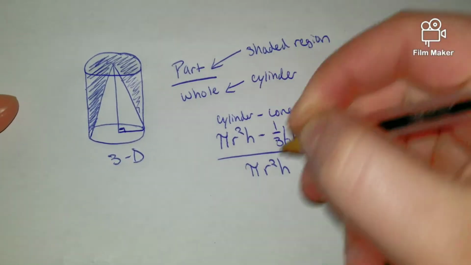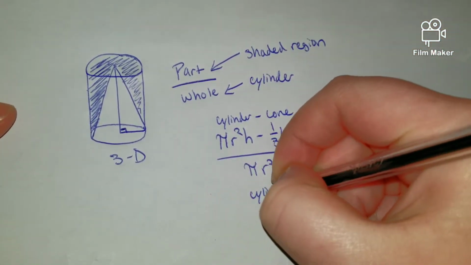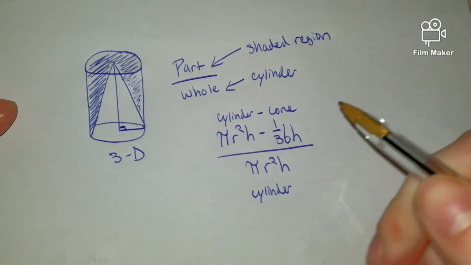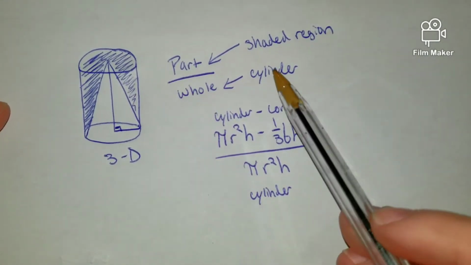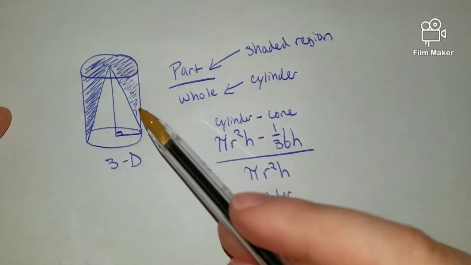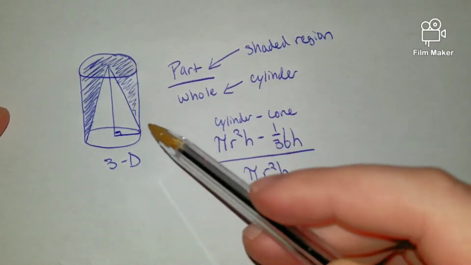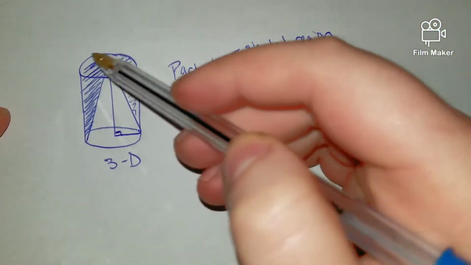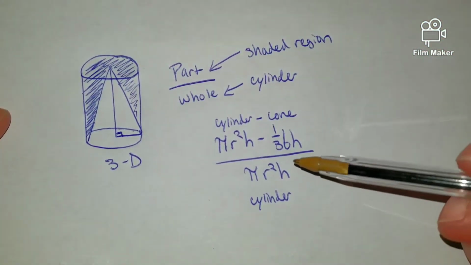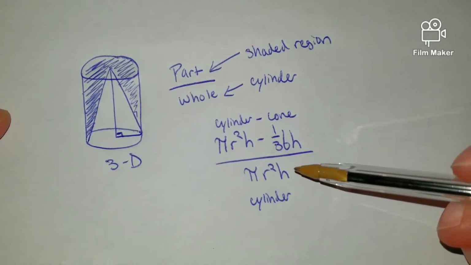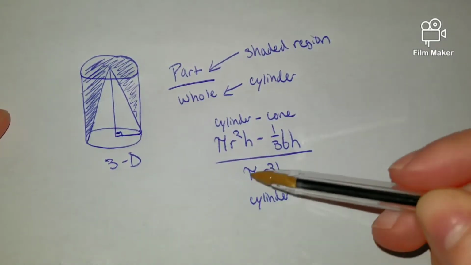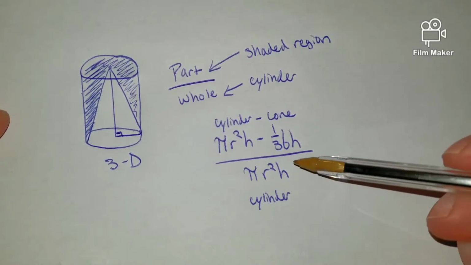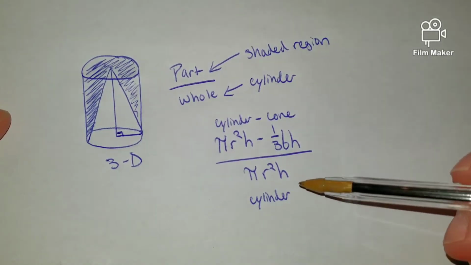So the reason why we have the cylinder minus the cone over the cylinder is this. We've already established that the whole is the cylinder because we're trying to find part of the cylinder over the entire cylinder. So that is why we put the volume expression of a cylinder as the whole part of the setup.